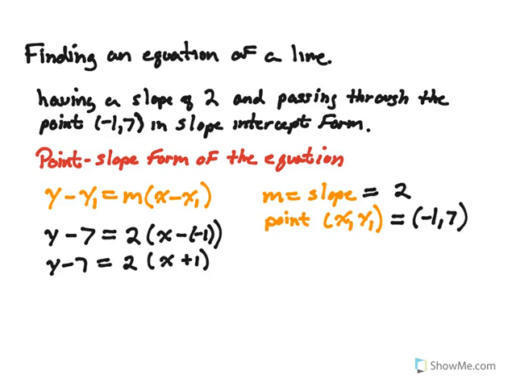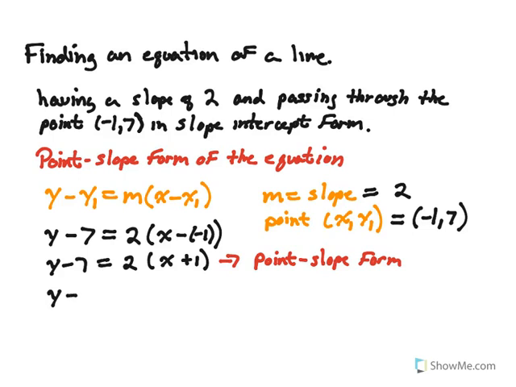And normally, this part of the formula is in point slope form. So if they were to ask what is the point slope form, you would just stop there and that would be it. But we're going to continue, because we want it in slope-intercept form.